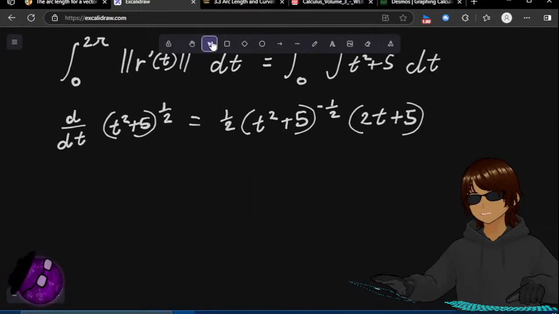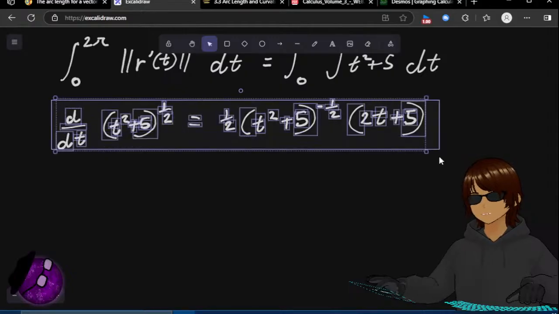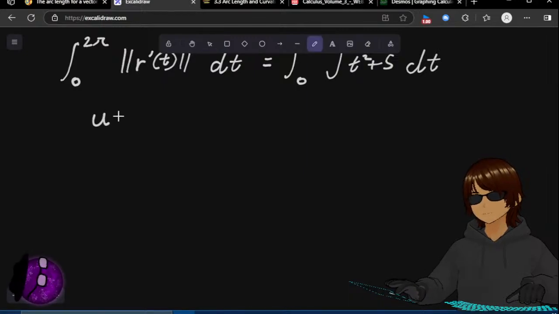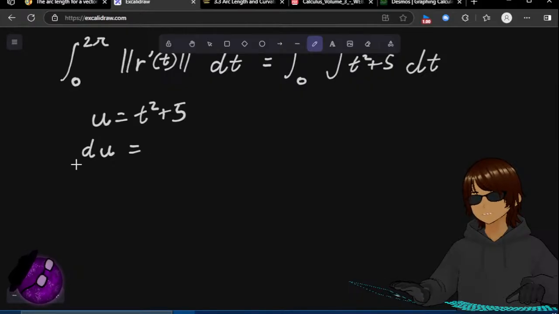Hold on. Maybe if we can try substitution. u is equal to t squared plus 5. du is equal to du over dt, 2t.